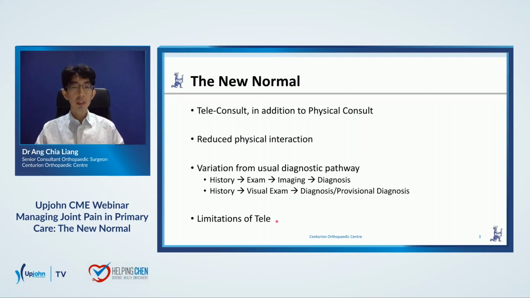So these are the limitations of tele. Also, I'd like to add on that there's a whole other aspect of tele, which is ethical concerns or ethical limitations, where you should make known to your patients the limitations of your diagnosis if you find that you're not able to come up with a proper one.